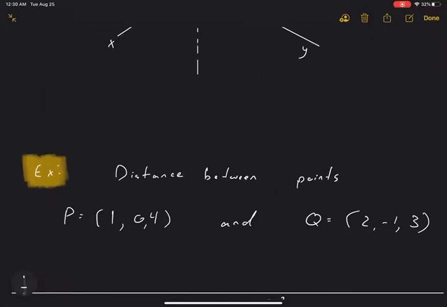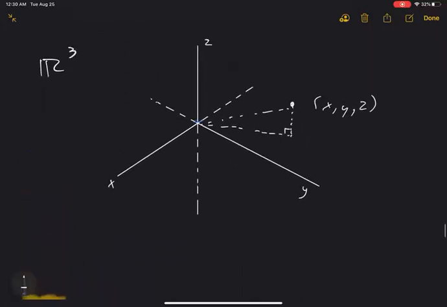What is the distance from the origin to that point x, y, z? Well, again, we could use the Pythagorean theorem, right? We want to find this distance here. If I knew the length of this side and the length of this side, I could find this side by the Pythagorean theorem. Well, let's go piece by piece. What's the length of this side here?